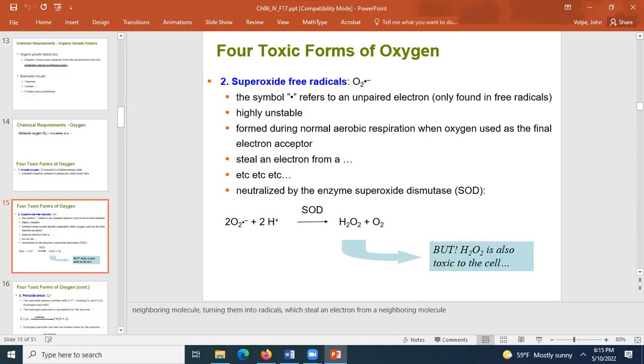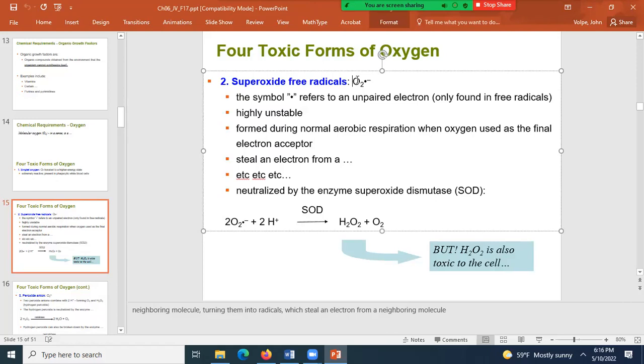Superoxide free radicals is also a toxic form of oxygen. Whenever you have a free radical, it's generally bad for cells. A free radical is a molecule that has an extra electron, but this electron isn't paired.